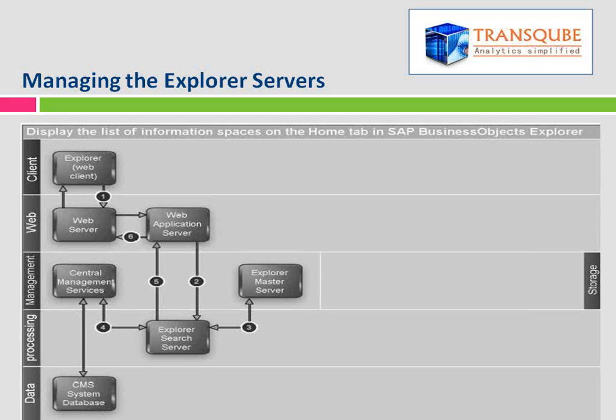Once it has been authenticated from the CMS, the Explorer Set Server talks to the Web Application Server, and the Web Application Server to the Web Server, to present the list of authenticated services and information spaces that a user who logged into the platform can access.